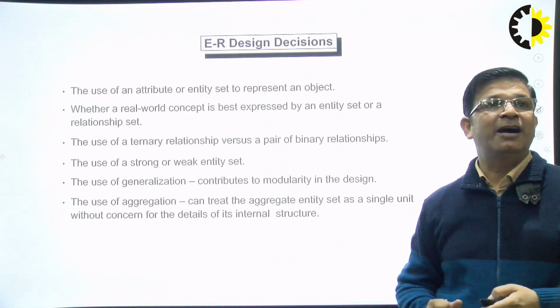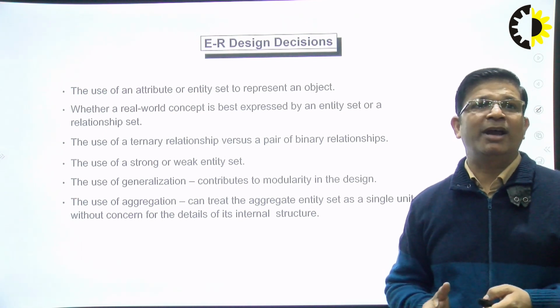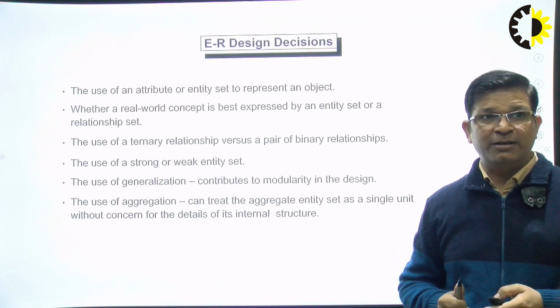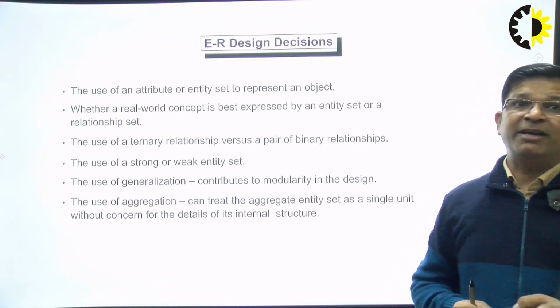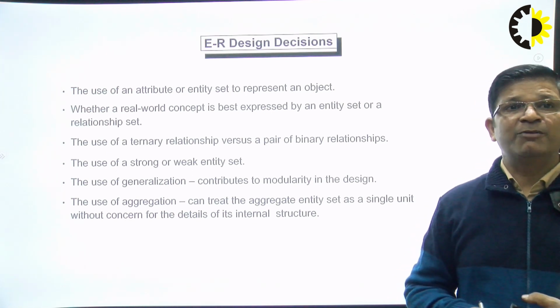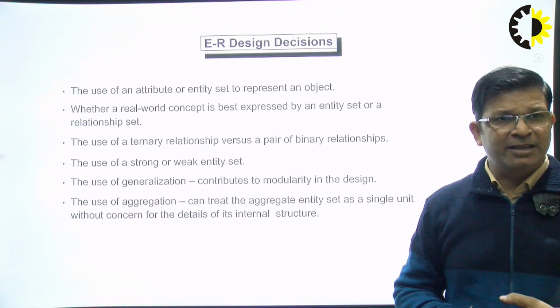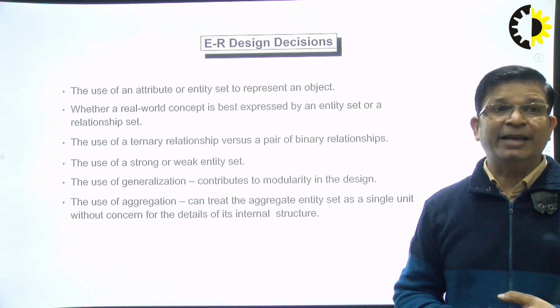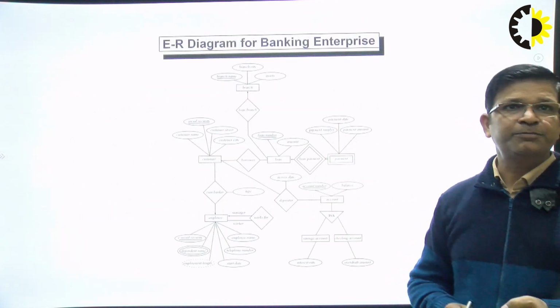So these are the ER design decisions: the use of attribute or entity set to represent an object, whether the real world concept is best expressed by an entity set or a relationship set, the use of ternary relationship versus a pair of binary relationships, the use of strong and weak entity sets, the use of generalization or aggregation. Generalization, specialization, aggregation. It is a must.